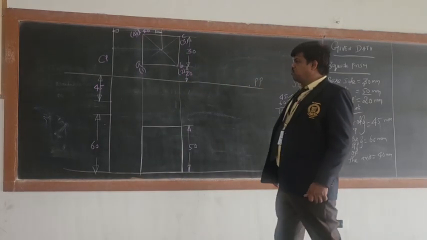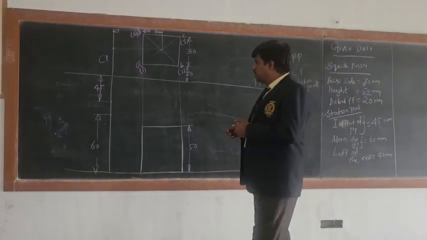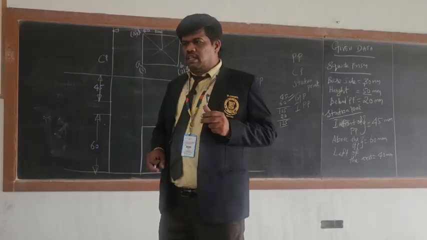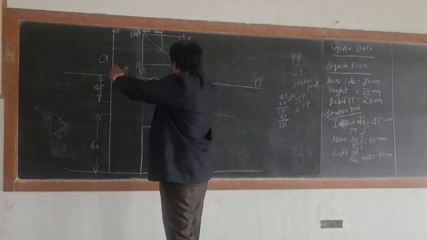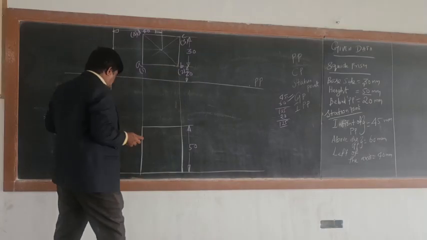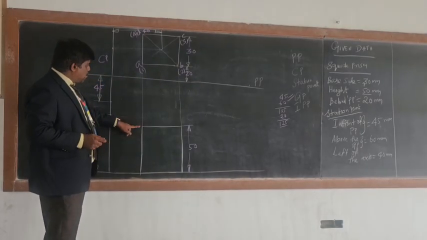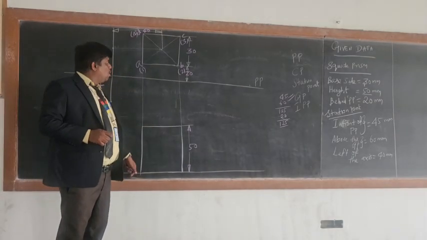So all the data is already used. Next we are going to get the answer. This is the 50 mm. Then write the names. We know the top base takes alphabets and the bottom base takes numbers 1, 2, 3, 4.